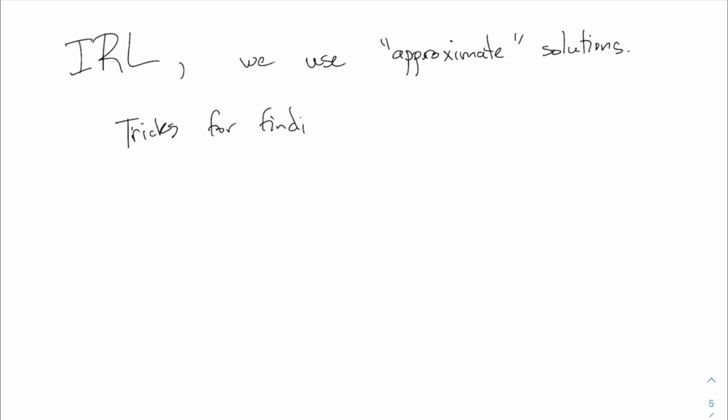So we're going to talk next time about tricks for finding pretty good routes. Maybe not the best. That's why these are called approximate solutions. A real solution would be the best route, but that is basically impossible at scale. And so instead, people settle for routes which are pretty good, maybe not the best.